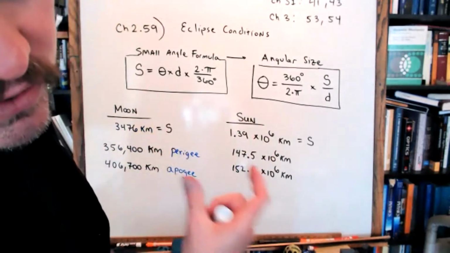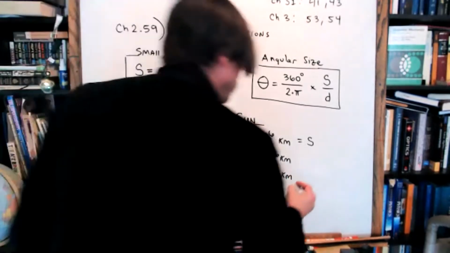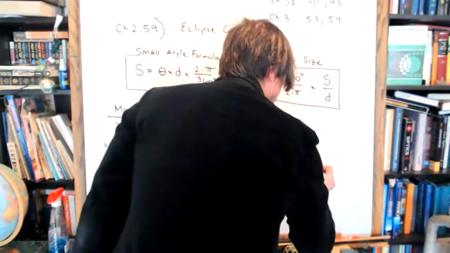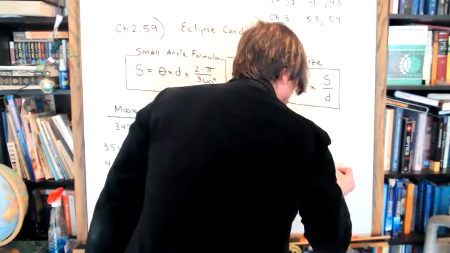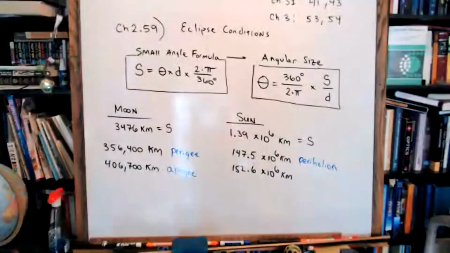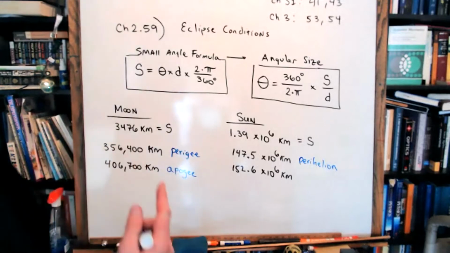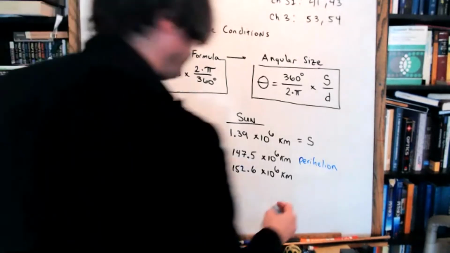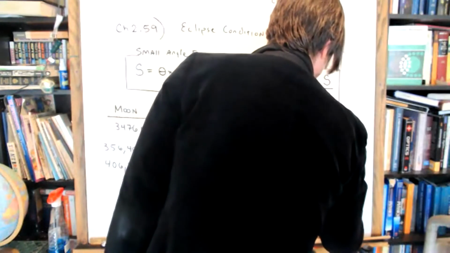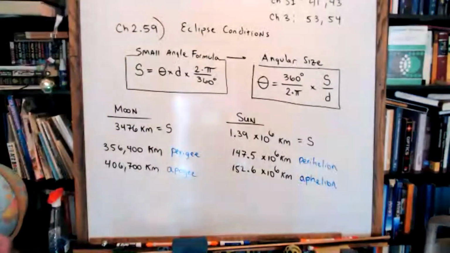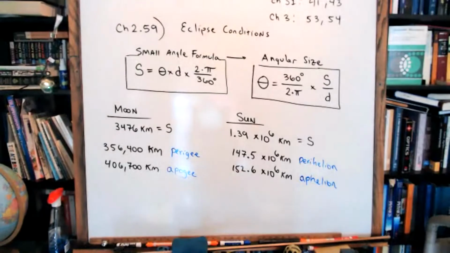Peri means next to, Helios is the sun, right? So it's perihelion. And what do we call the farthest approach from the sun? Aphelion. So I'm teaching you guys a little vocabulary while we're doing that here, okay?